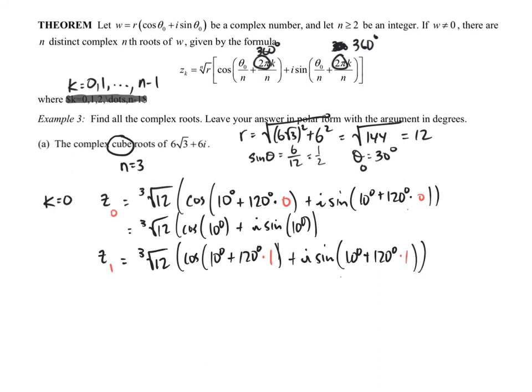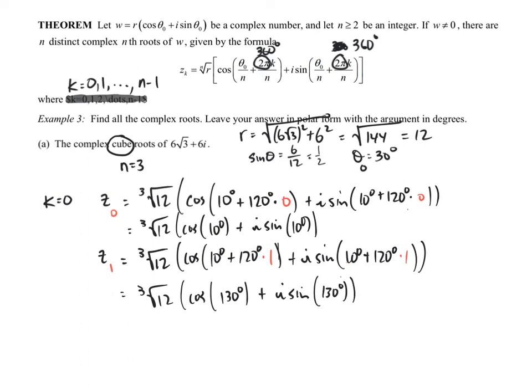That's going to equal the cube root of 12 times cosine of 130 degrees, since 10 plus 120 times 1 is 130, plus i times the sine of 130 degrees.